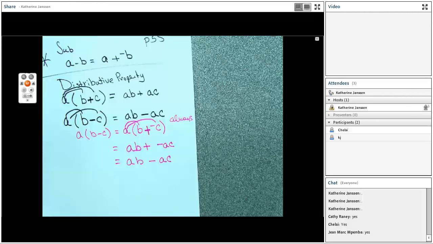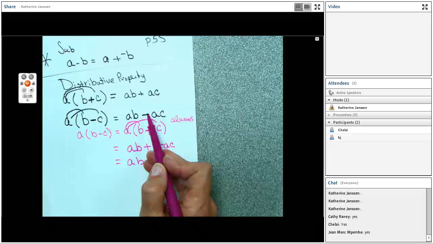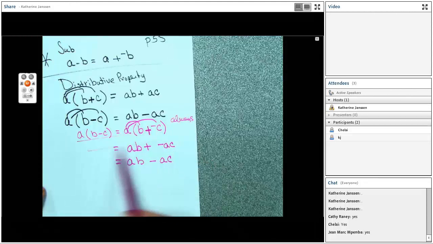So make sure you're practicing with subtraction, that you can manage sign control. Distribution, we have A times the quantity B minus C. It's A times each term, and you can keep the sign of subtraction. Or work it out longhand, and you get the same answer.